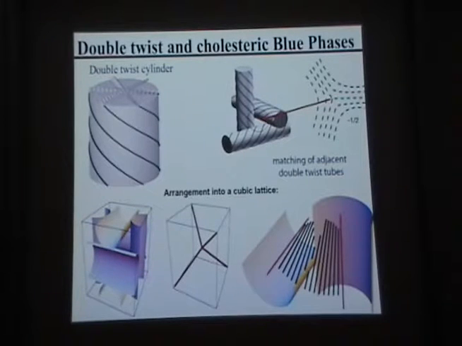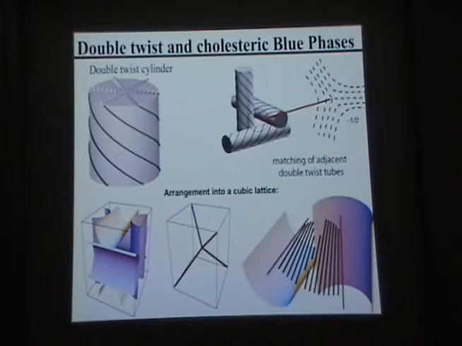You can also obtain a three-dimensional twisted phase, the so-called cholesteric blue phase, and apparently there are at least 3 different varieties of those. So usually in the blue phase, molecules also would like to twist with respect to each other, but they do it differently than in cholesteric phase.